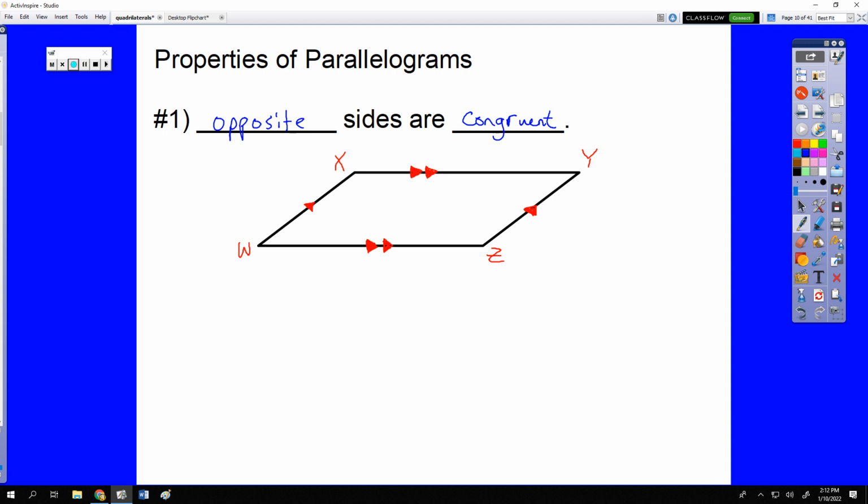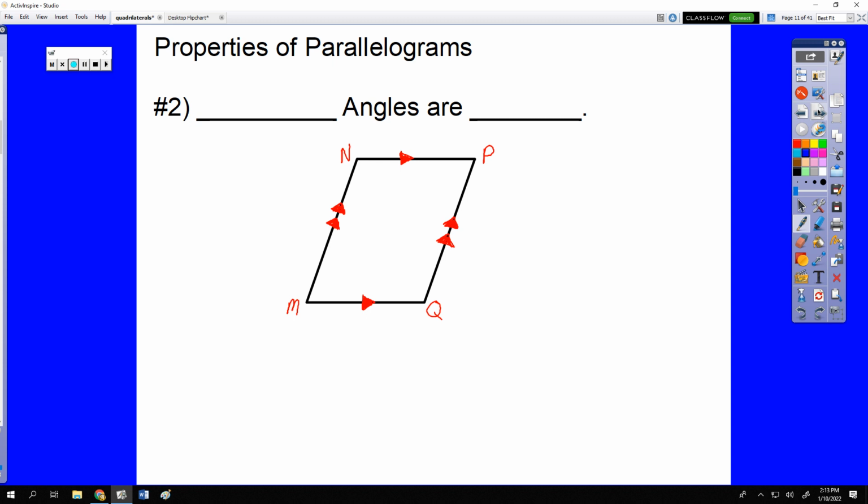What this property is saying is that WX must be congruent to YZ and XY has to be congruent to WZ. They are always congruent. Opposite sides are congruent. Our second property is that opposite angles are congruent as well.